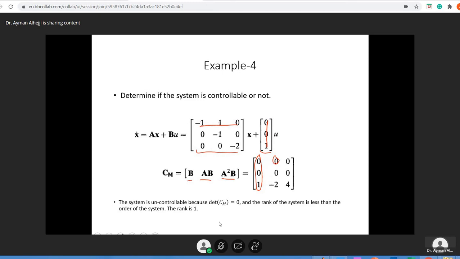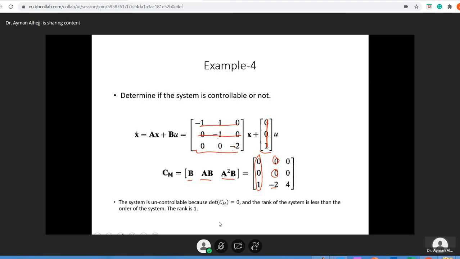Second row times this vector gives us 0 as well, because minus 1 times 0 is 0 and 0 times 1 is 0. The last row, 0, 0, minus 2, multiplied by 0, 0, 1 gives us minus 2, because 0 times 0 plus 0 times 0 plus minus 2 times 1 is minus 2.